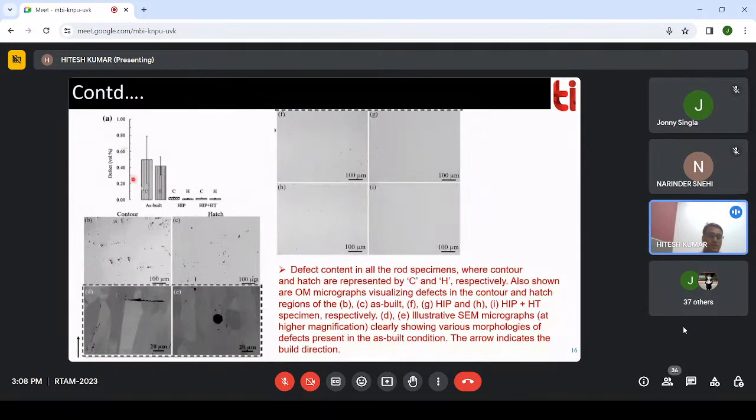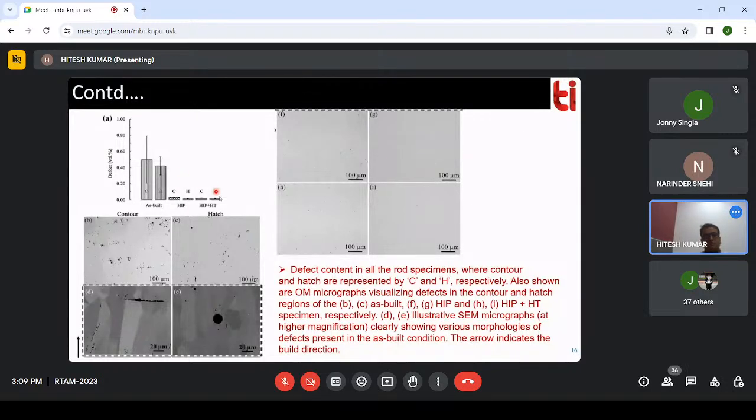In the as-built sample, the defect volume fraction is too high, around 40 to 43%, in both the contour as well as the H sample.